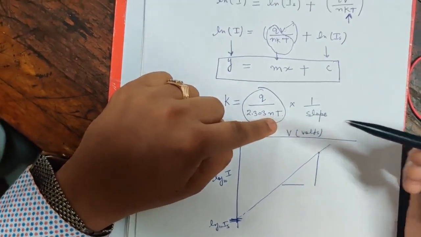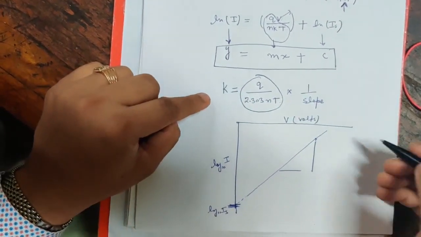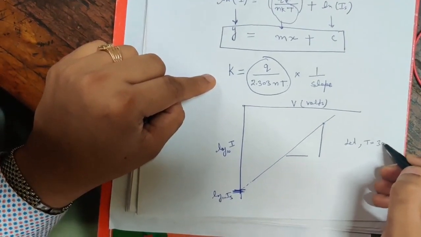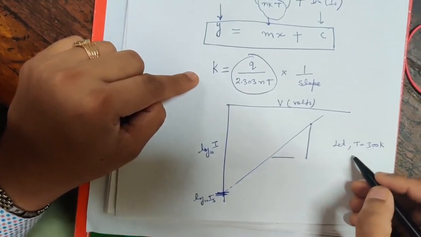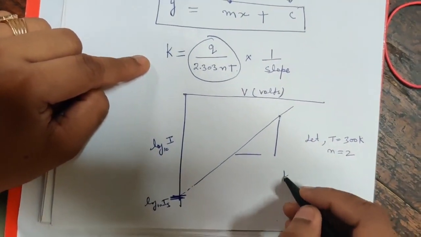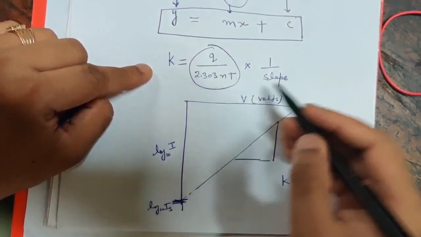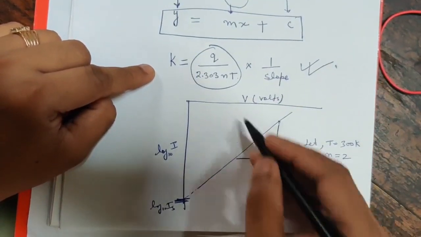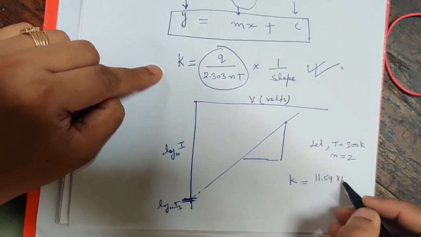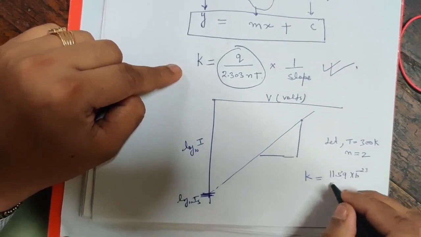For our convenience, I am just taking this as 300 Kelvin, and I am taking N as 2 for silicon, let us say. Then my K will come out, if I put all these values in this given equation, as 11.59 into 10 to the power minus 23, something like that, right?